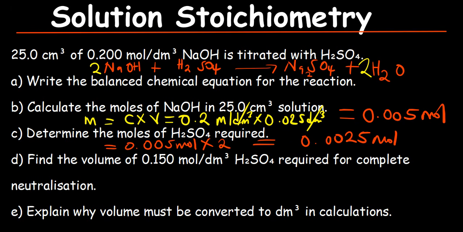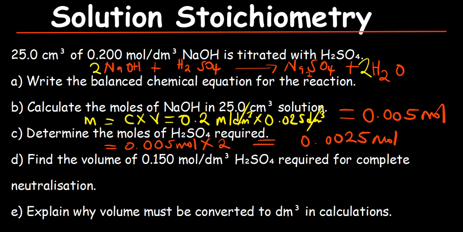Then D, we are told to find the volume of 0.150 moles per cubic decimeters of sulfuric acid required for complete neutralization. Okay, now what are we talking about here?